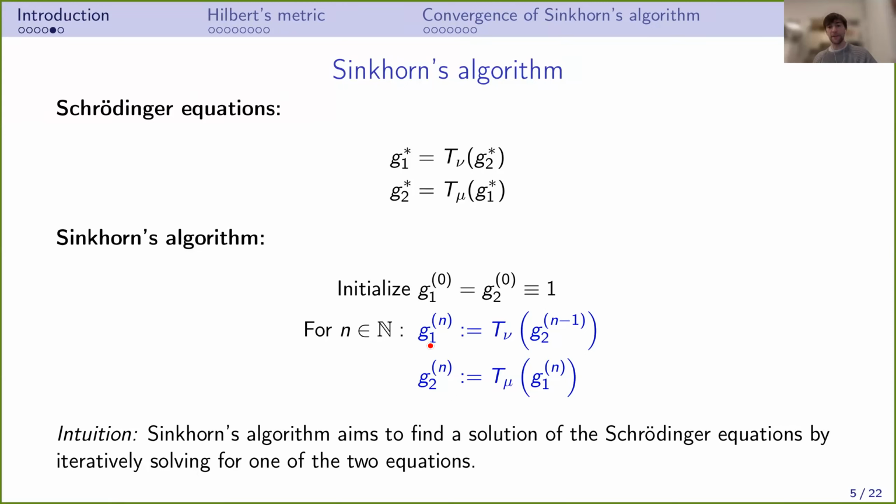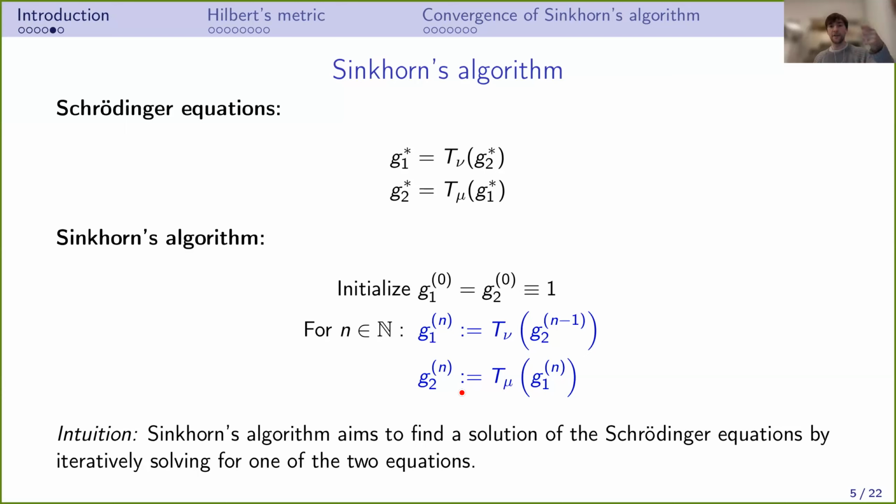And then iteratively we define one of the functions, so for instance g1 of n, as the operator T nu evaluated at g2 of n minus 1. So then the pair of these two functions satisfies this first equation. And then we define g2 of n as the operator T mu of g1 of n. So then these two functions satisfy basically the second equation.